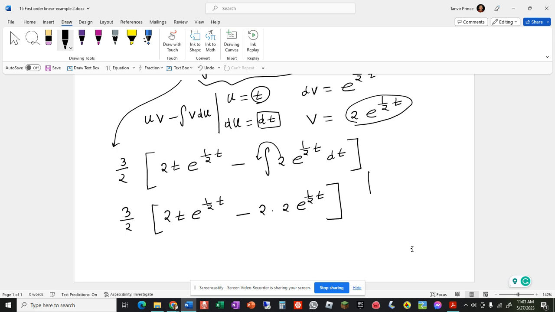Again, a quick reminder here. A very quick way of finding, for example, the integral of e to the power 5t dt is 1 over 5 e to the power 5t. In general, the formula is the integral of e to the power at, where a is a number, is 1 over a e to the power at.